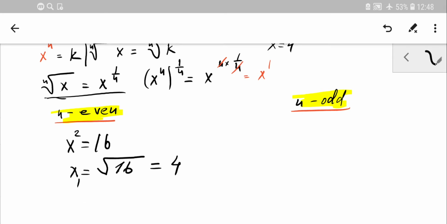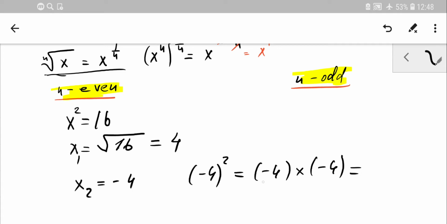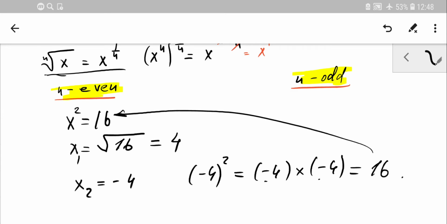However, it's only one possible solution, because generally, if you put -4 and square it, by definition you'll get -4 times itself. So the two minuses will disappear during multiplication. It means they kill each other, and you'll also get 16. So you arrive back at the right side of the equality.